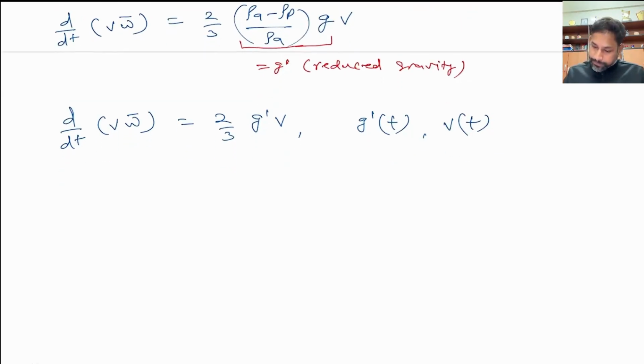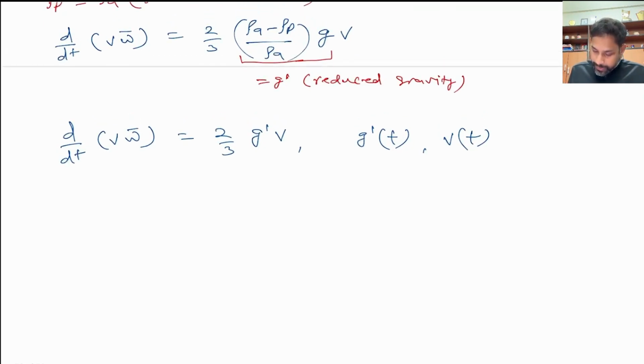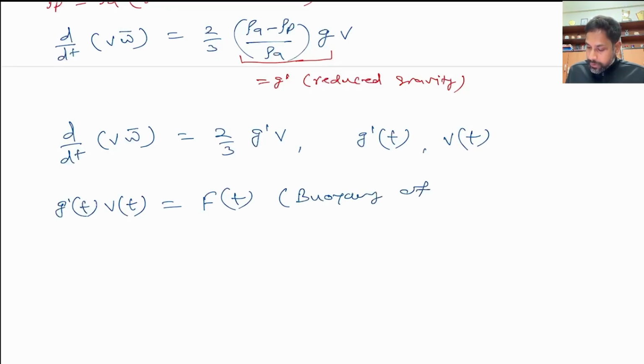But we have to remember that G prime T times V of T, that is actually the buoyancy. Okay, that is the buoyancy of the plume.